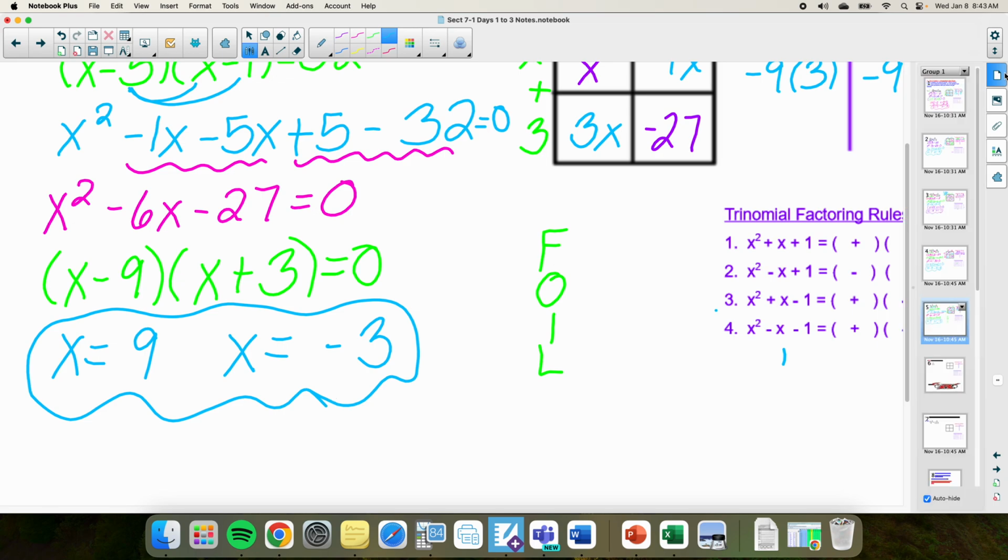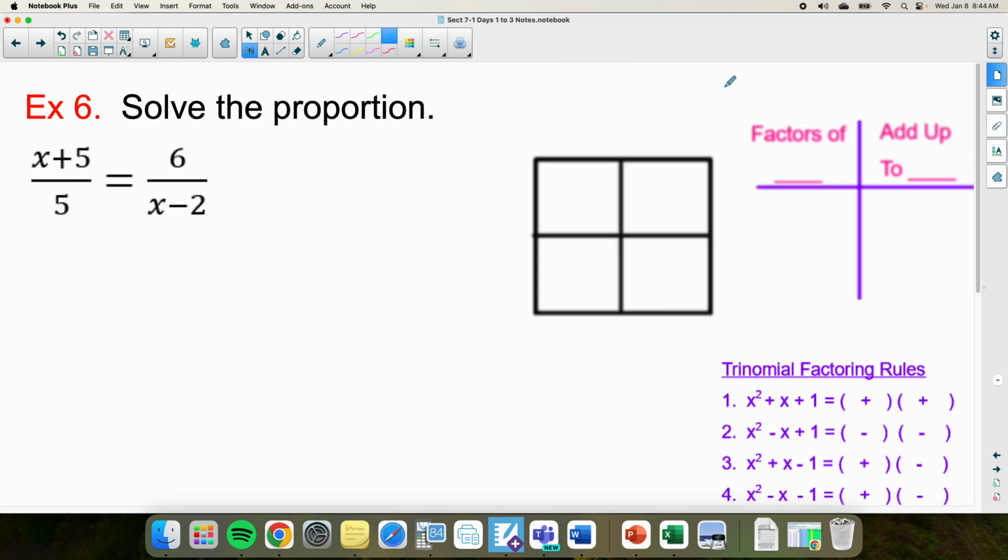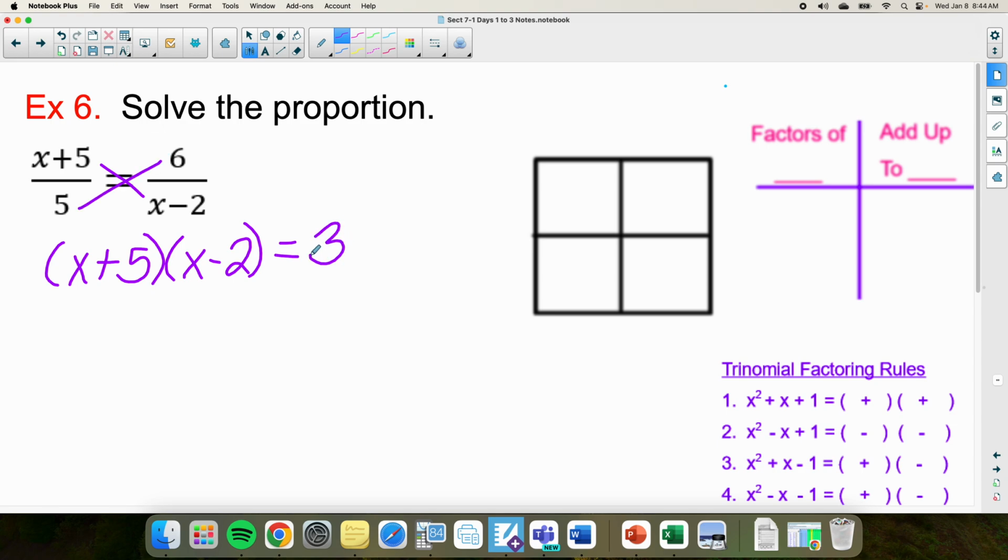All right, now we're going to do one more. So if I look at this one, I'm going to multiply these, and I get x plus 5 times x minus 2 equals 30. Okay? Remember, FOIL is first, outside, inside, last.